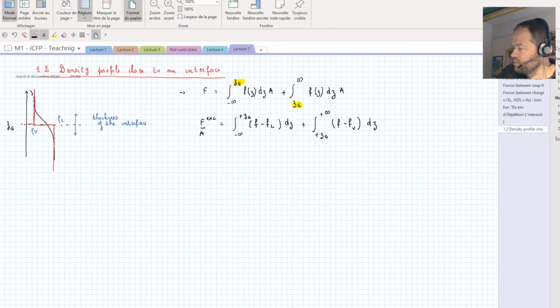Here we are in the pure liquid phase, and here we are in the pure vapor phase.